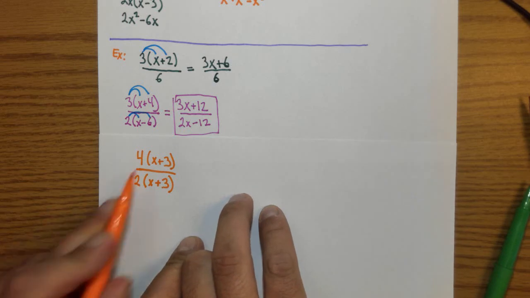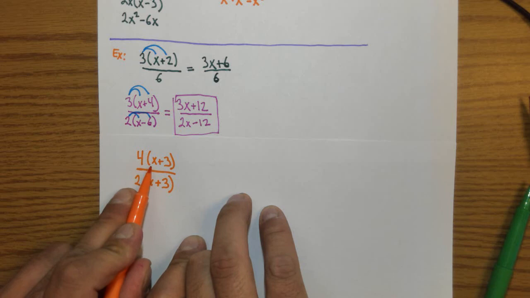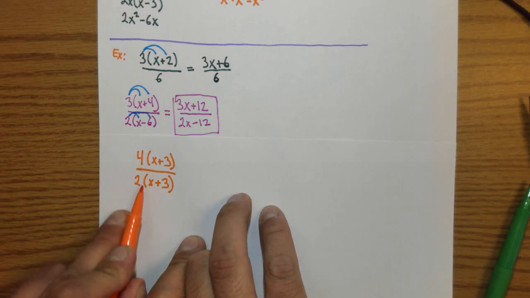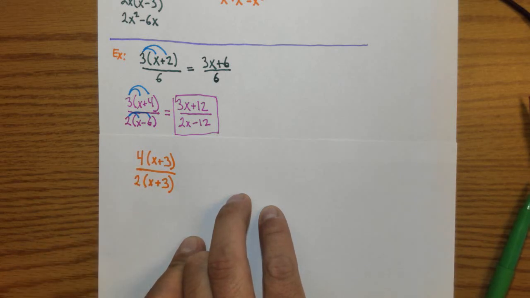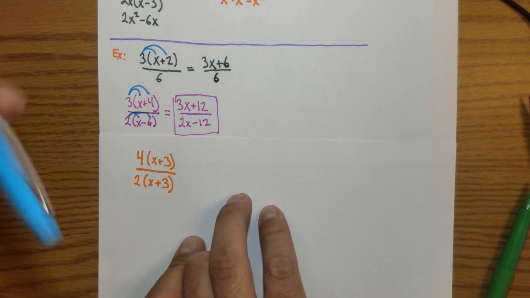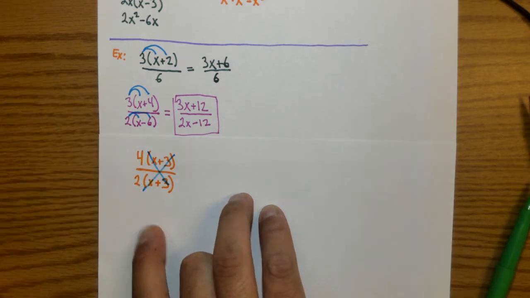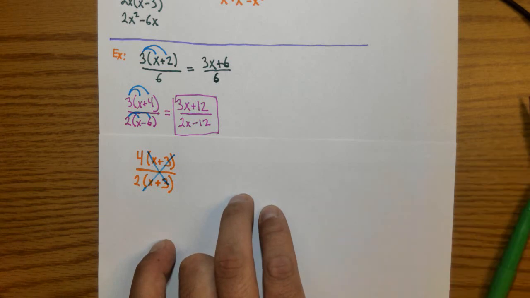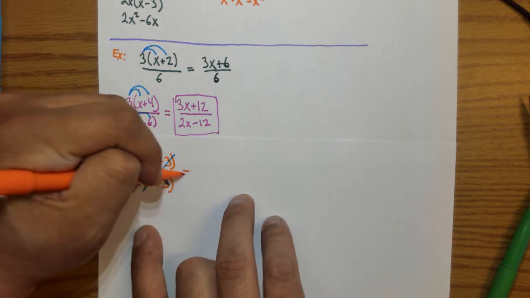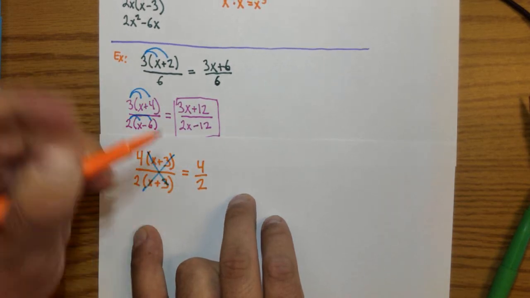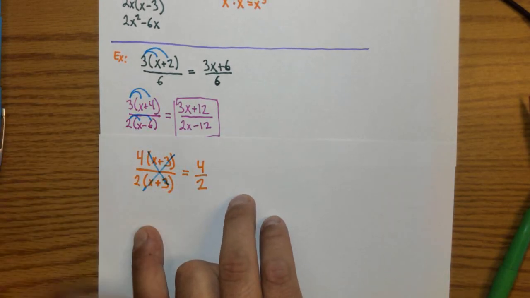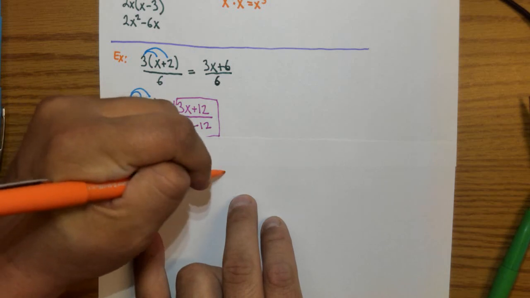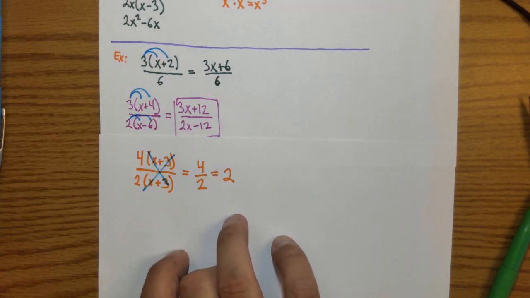This time, however, the x plus 3's are connected to the 4 and the 2 by multiplication. So we can actually cancel these out, just because we're multiplying here. So this really just turns into 4 over 2, which now we can divide, right? 4 divided by 2 is just 2.